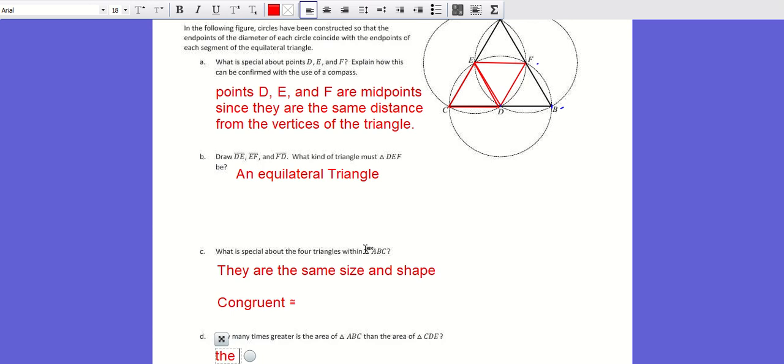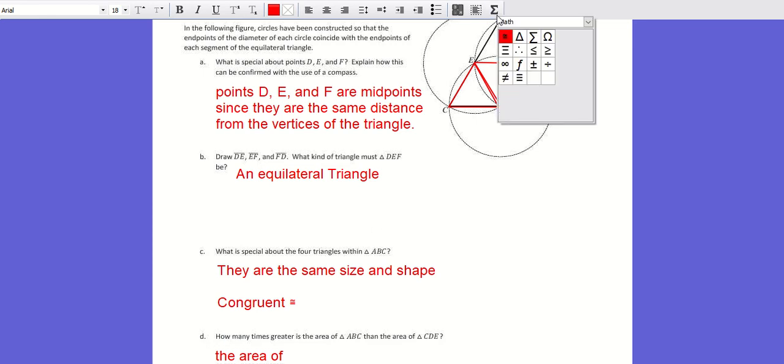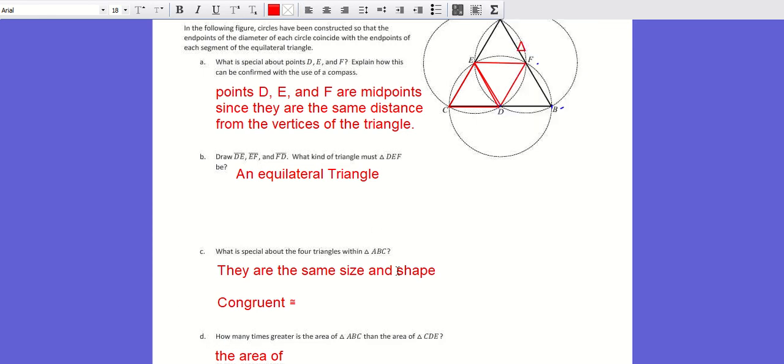Or we would say that the area of triangle ABC is 4 times the area of triangle CDE. Okay? So it's 4 times as big because it takes 4 of these small triangles to make up this big triangle. Okay?